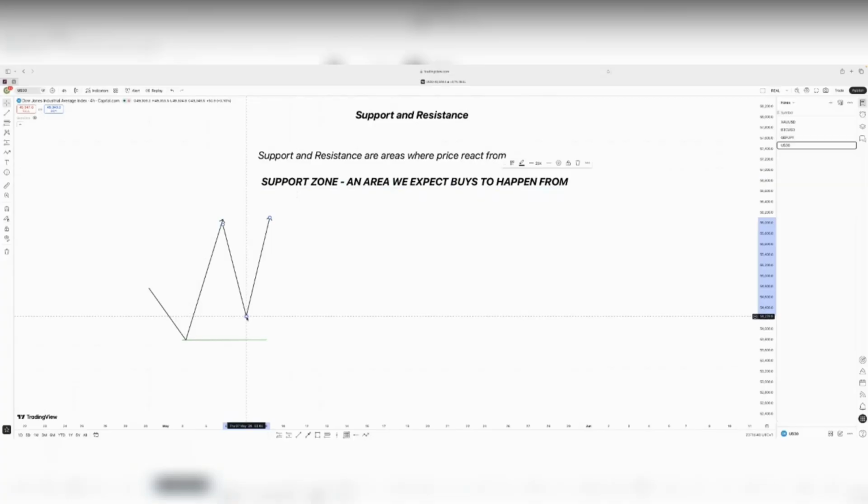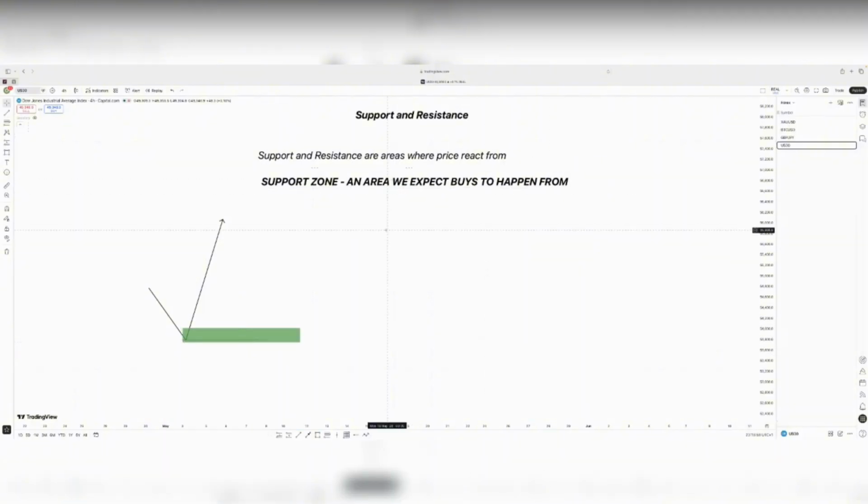Or sometimes it might at least take this low a little bit before continuing the trend. That's why the support is not a straight line. It is an area. It is flexible. Alright? A support zone is an area where we expect buys to happen from.